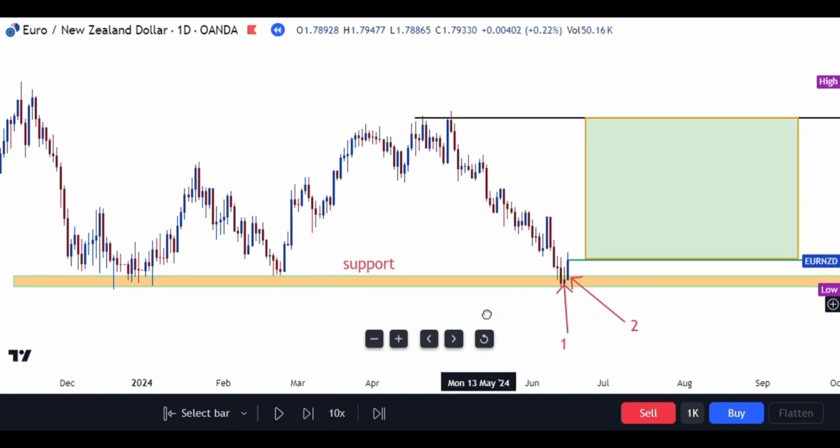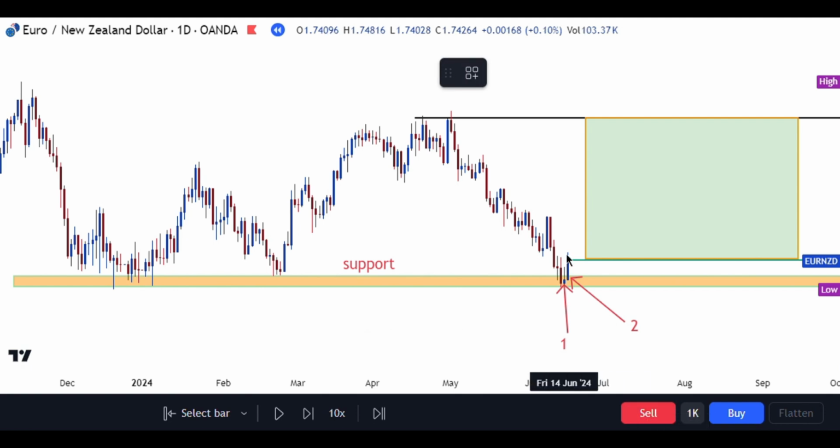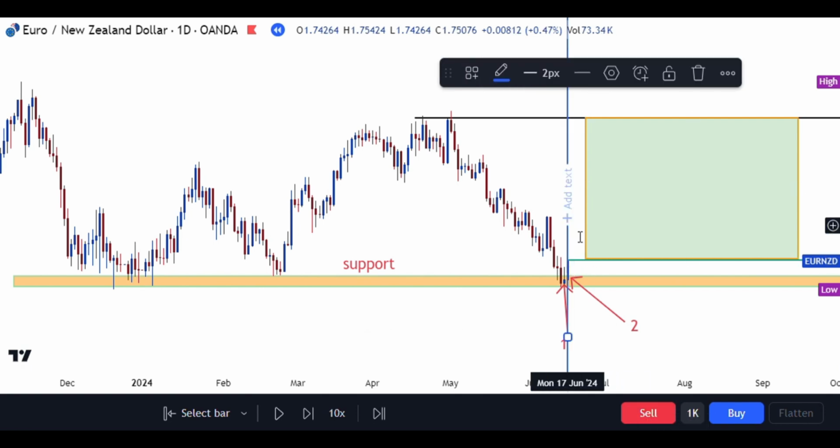So right now, we are going to use our vertical line to mark out that second day candle right there. All right, and the date for that candle is 17th June. So now on 17th June is Monday. So we are going to be buying on Tuesday the next day, which is the third day.